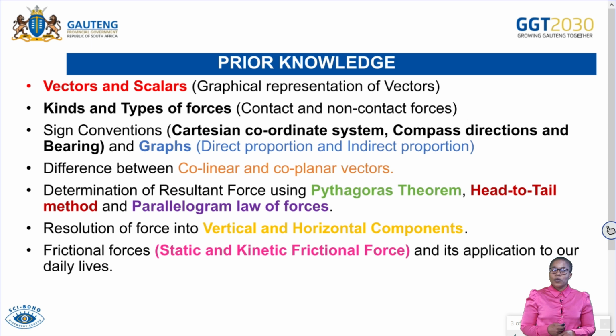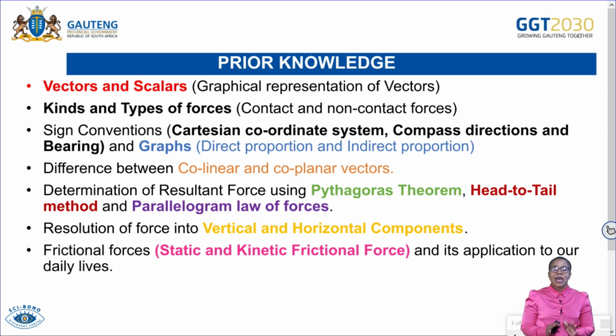So, as usual, we have our prior knowledge during any lesson that we're going to have. So, right now, what is it that we should be able to do or able to understand and grasp? So, first things first, we should be able to understand the concepts of vectors and scalars, know their definitions, but most importantly, know how to graphically represent the vectors in diagrams.